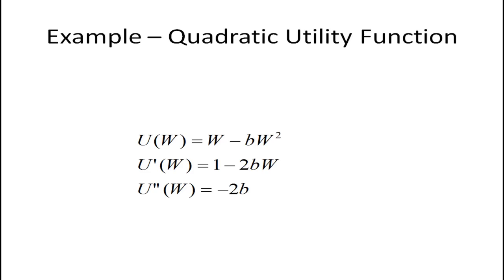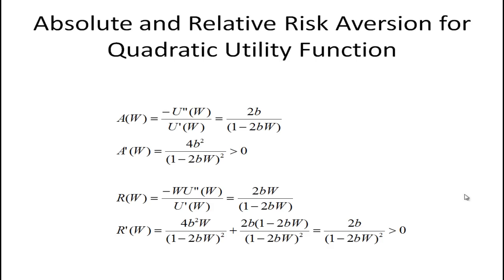A common utility function is the quadratic utility function, and we can write that as W minus B times W squared. If we take the first derivative, we get 1 minus 2BW. If we take the second derivative, we get minus 2B.